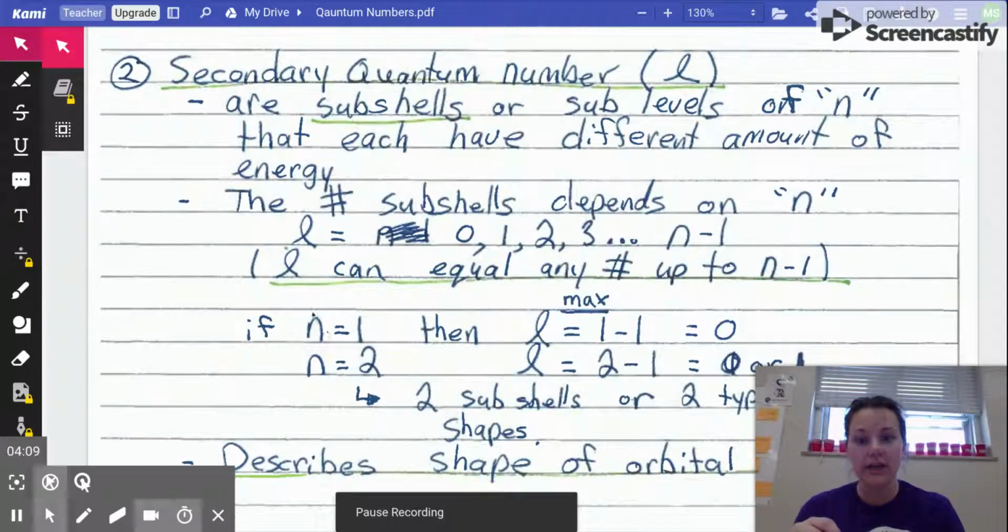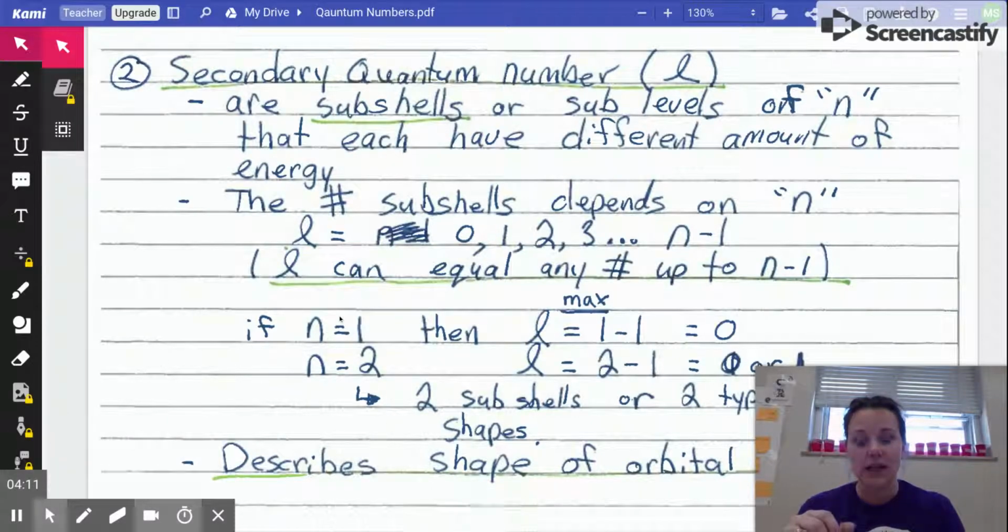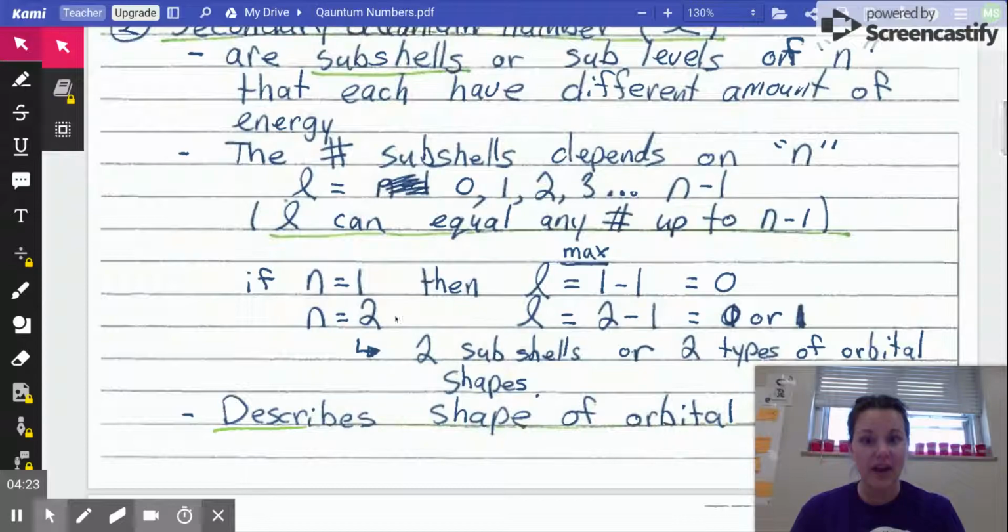Over here, it shows that if n equals 1, then l can equal 1 minus 1. So the maximum number that l can have when n equals 1 is 0. If n equals 2, so the second distance from the nucleus, the maximum number l can have is 2 minus 1. So l can equal 0 or 1.